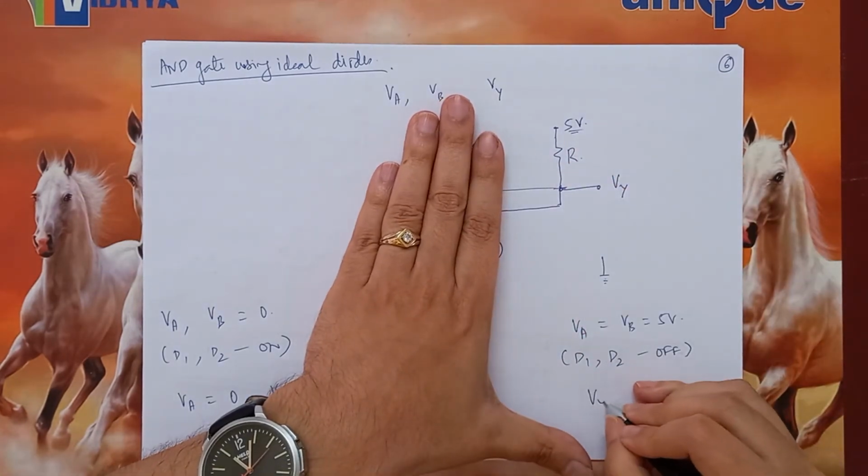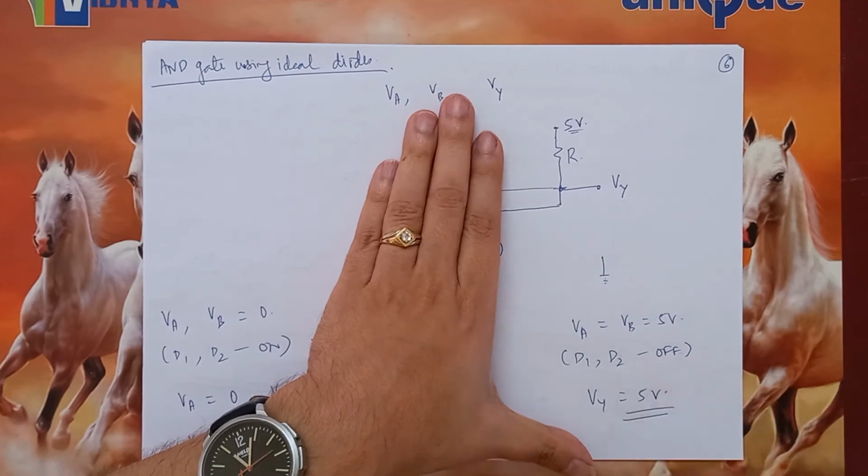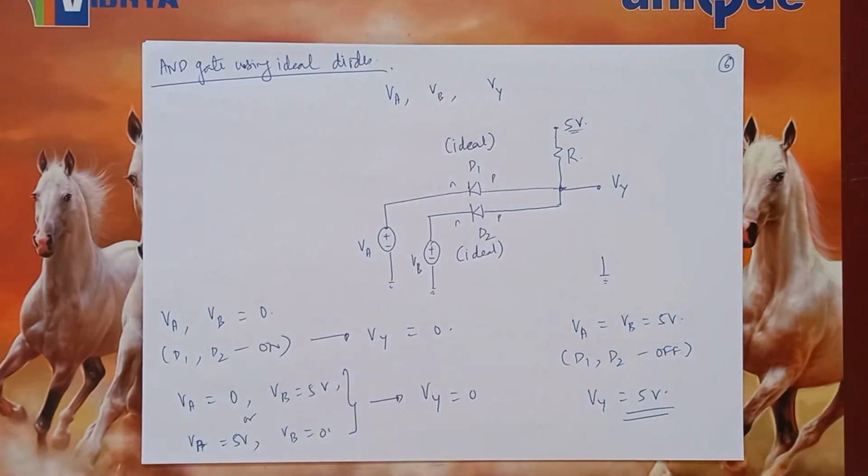So therefore in this case VY will be 5 volts. Once again, we have the AND gate where we have a high voltage only when both inputs are high.